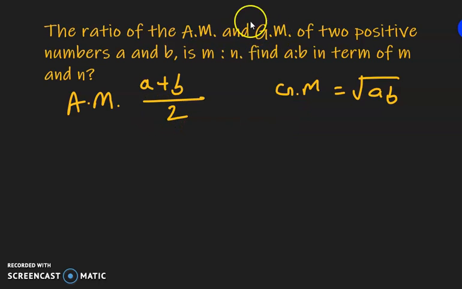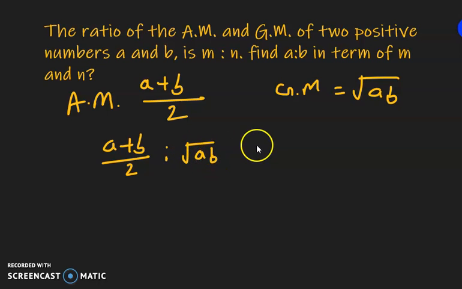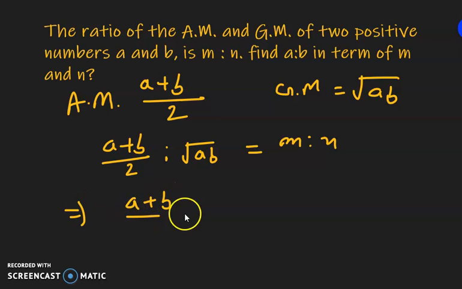The question says the ratio of these two, (a plus b) by 2 is to square root ab, is equal to m is to n. So when we write this as a ratio, (a plus b) by 2 divided by square root ab is equal to m divided by n.